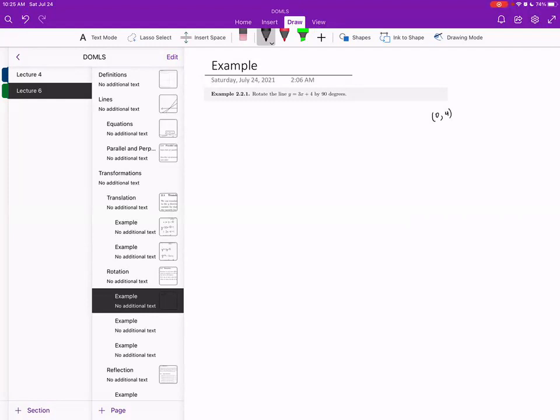Okay, so if we rotate this by 90 degrees through that point, let's draw a picture first of all. We have the line looks something like this. And in the end, our new line is going to look something like this, where it's perpendicular to the original line.